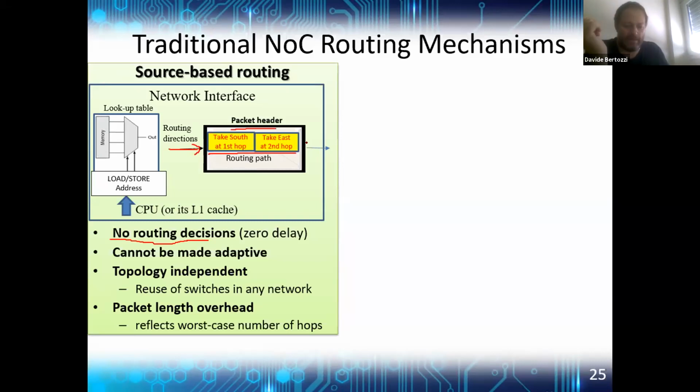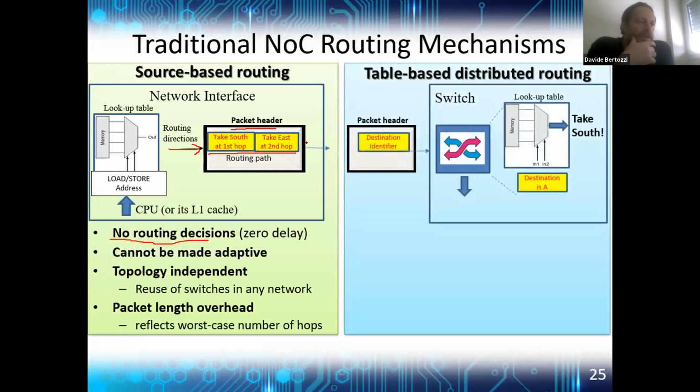An alternative mechanism is table-based distributed routing. With this mechanism, you fundamentally embed in your packet header only the identifier of the destination, for instance, the coordinates of the destination on a bidimensional grid.